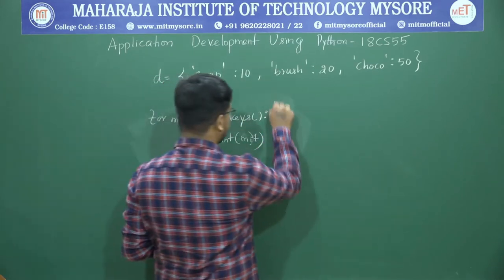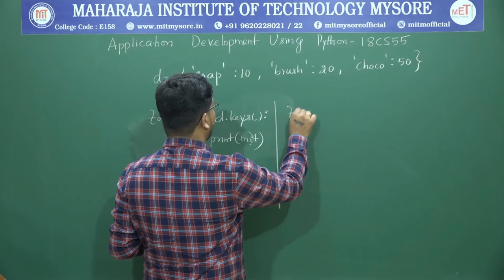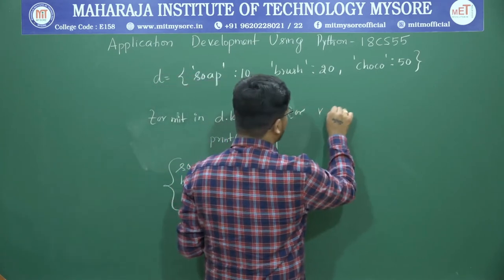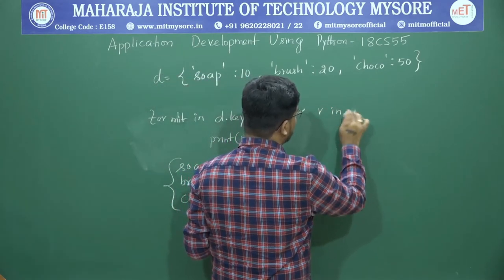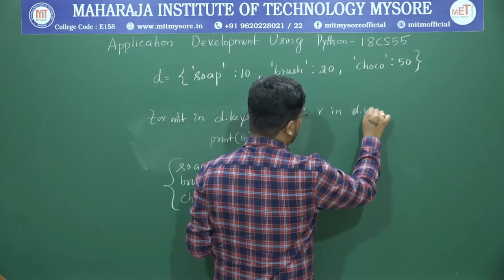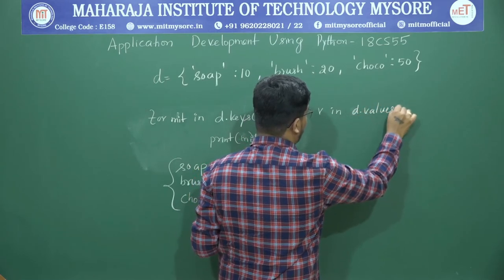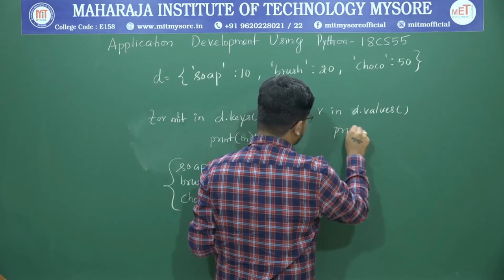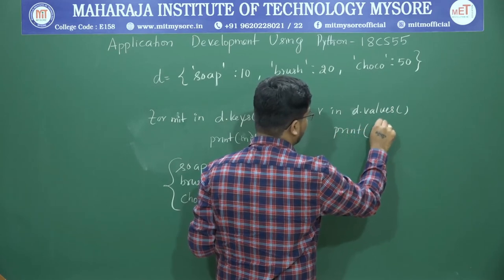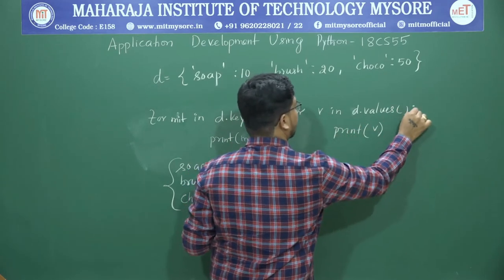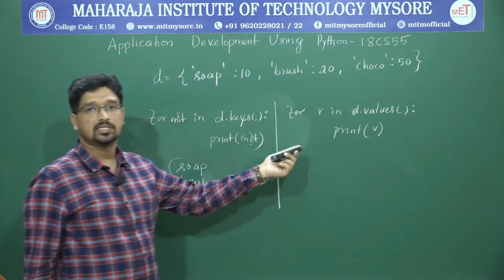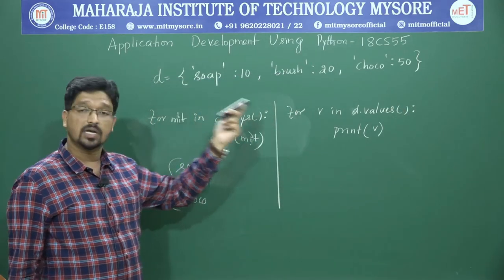In the same way, let us see how to access values. For v in d.values(), print of v. This is how you access the values in the dictionary.